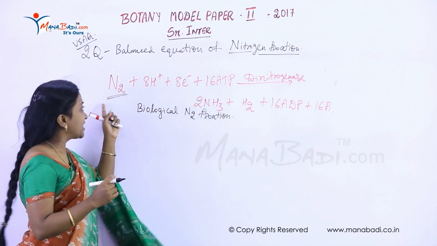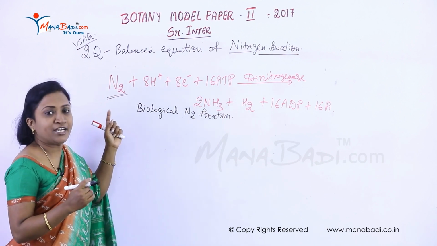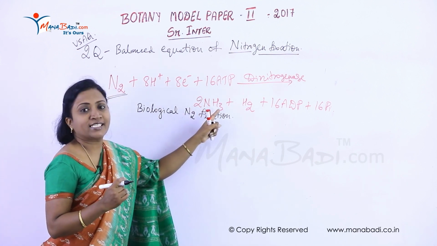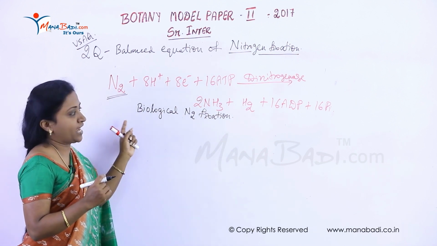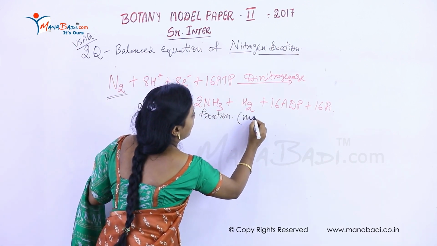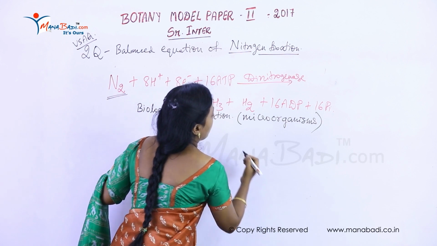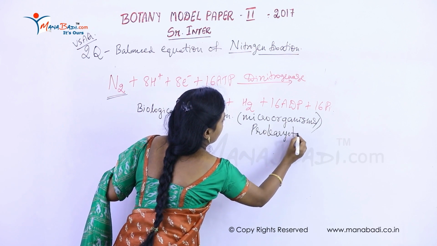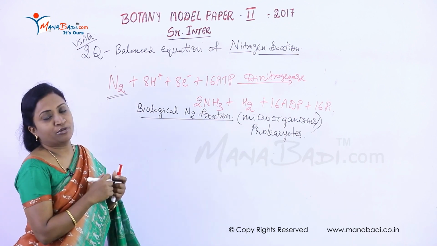The reduction or conversion of atmospheric dinitrogen, N2, into ammonia, NH3, by microorganisms or prokaryotes is called biological nitrogen fixation.